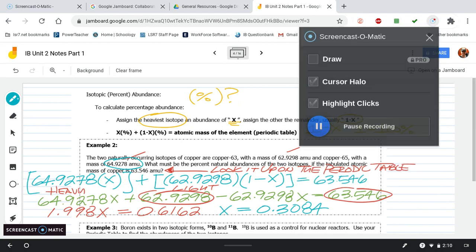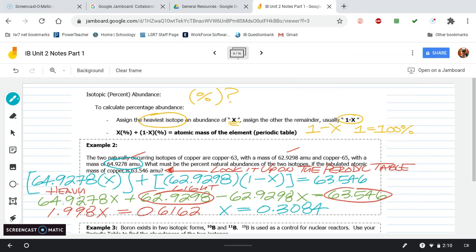This is a percent, and it goes with the x. All right. So what we want to remember is that this is for the heavy one, right? Because that was the x, and so we want to make sure that we remember, hey, this goes with the heavy one. And so if we think about percentages, we're just going to multiply this by 100, and that's going to give me a percent.